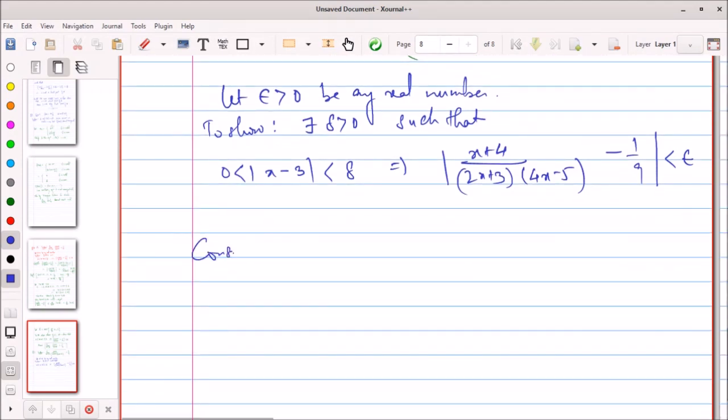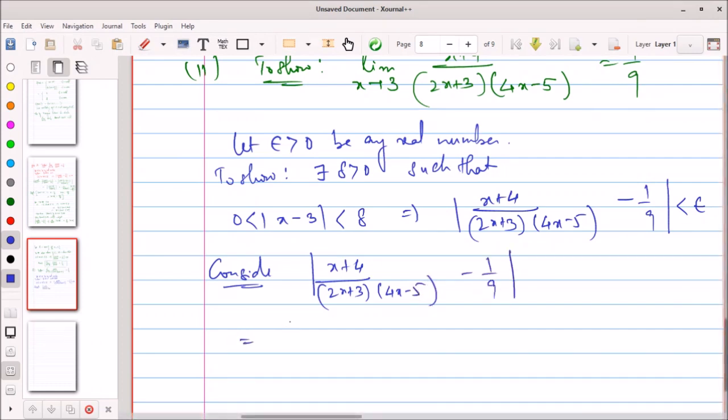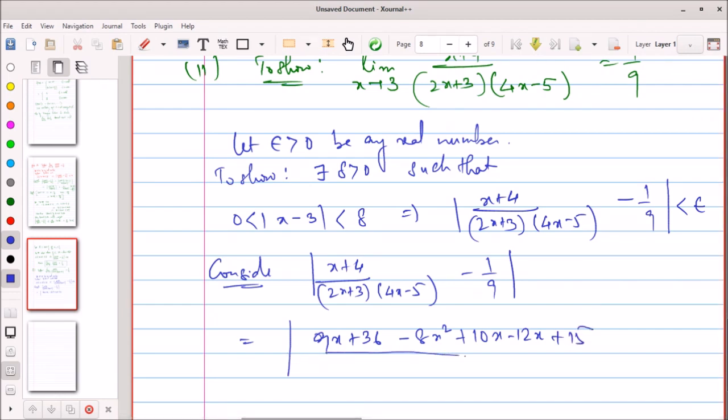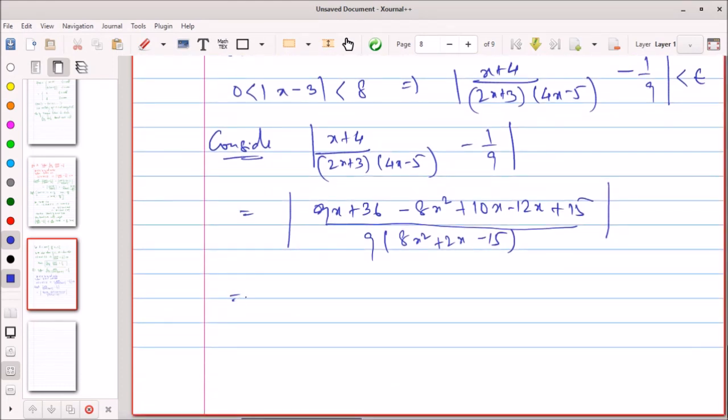So consider (x + 4)(2x + 3)/(4x - 5) minus 1/9. If I simplify, I will get (9x + 36 - 8x^2 + 10x - 12x + 15) upon 9 times (8x^2 ... ) and so on.